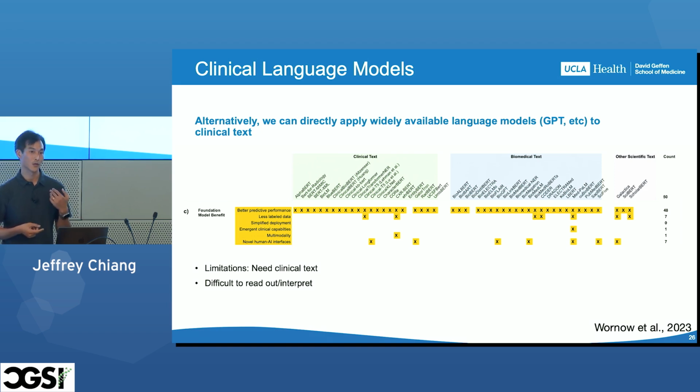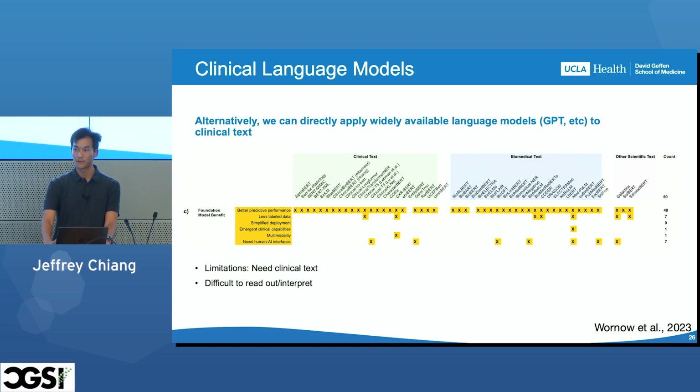These might be progress notes or discharge notes that have been curated, or what the provider decided was important to include in these reports. This has also been done. You can take clinical notes and pass them directly into language models, whether they're tuned for clinical data or not. These are also able to perform quite well. A limitation here is that these approaches need clinical text, which is notoriously hard to come by if any of you have tried to track down clinical text databases.